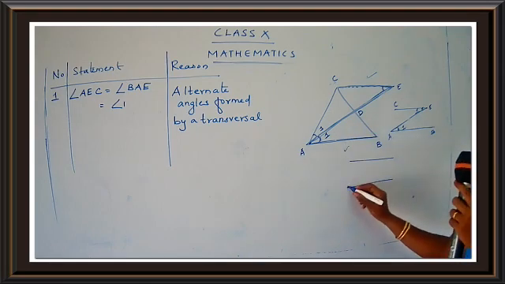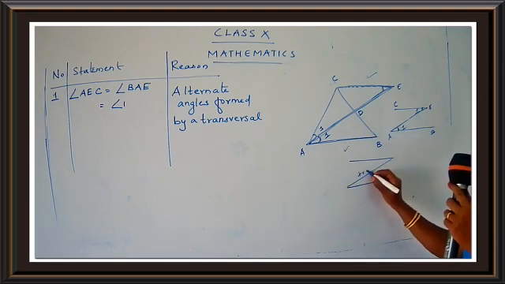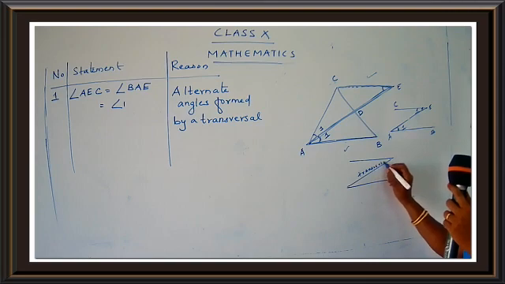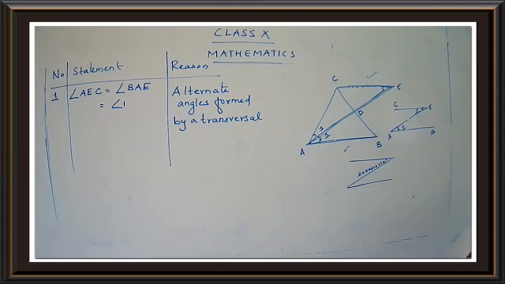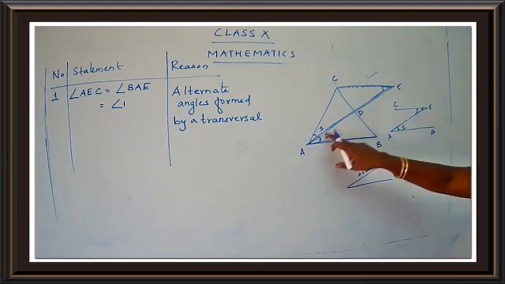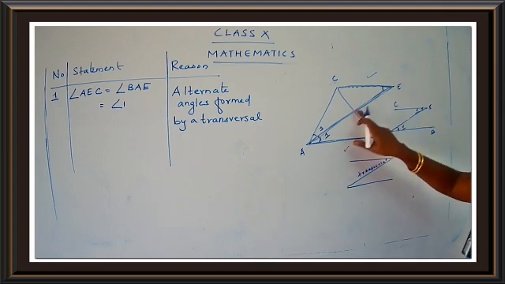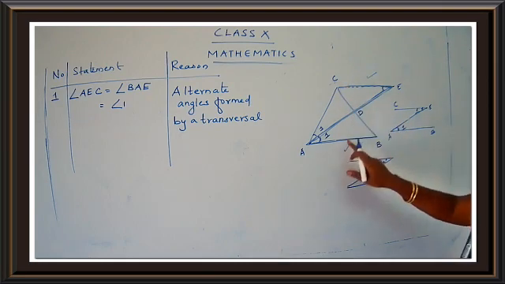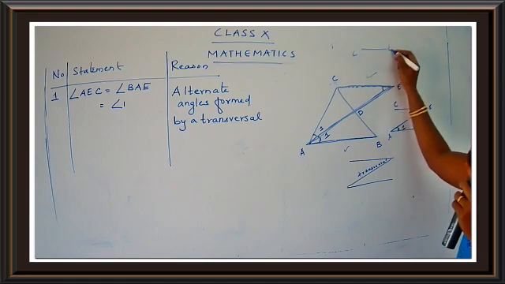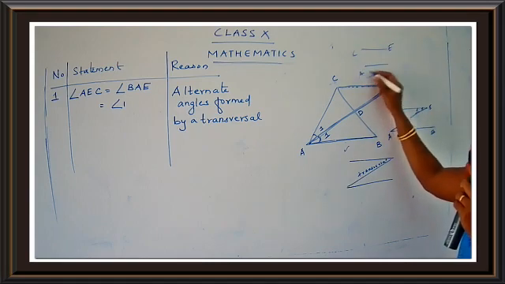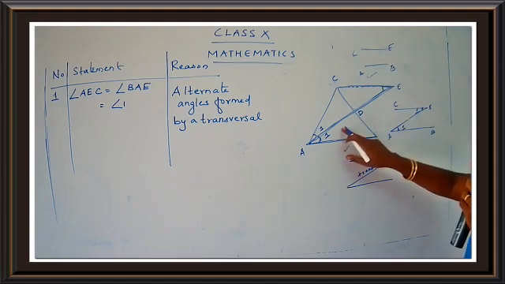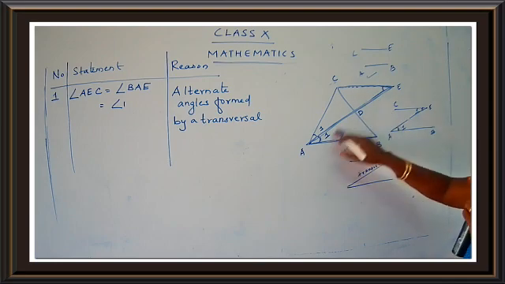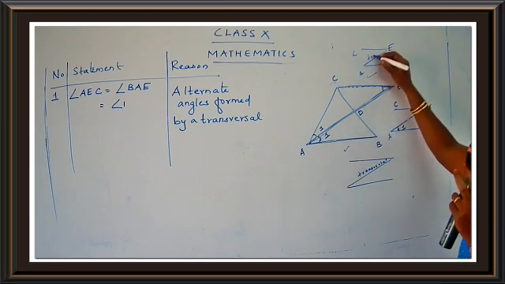That is, AE is a transversal. The line which joins two parallel lines is called a transversal. Okay, children? So what is this AE here? AE is the transversal. CE is a parallel line. AB is a parallel line. And what is the line that joins the two parallel lines? It's AE. So AE is the transversal.